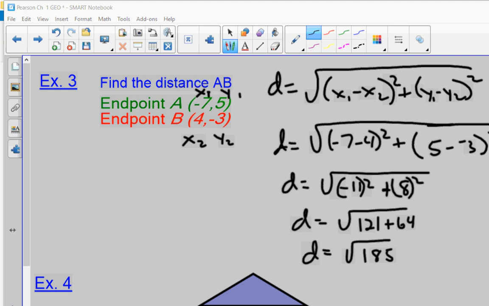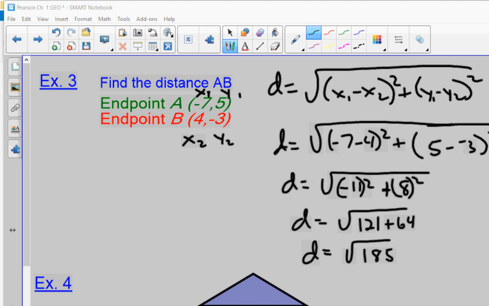Okay, so I plugged everything in, with how we notated it to start with, just so we're all doing it the same way. And I got a distance of the square root of 185. 185 falls somewhere between 13 and 14, so 13 times 13 is 169, and 14 times 14 is 196, so that number falls in between them.